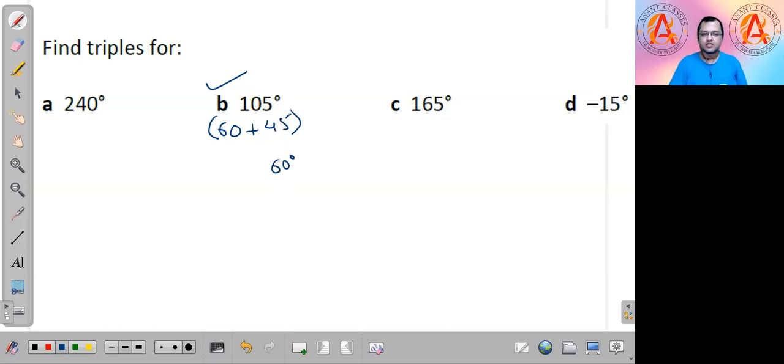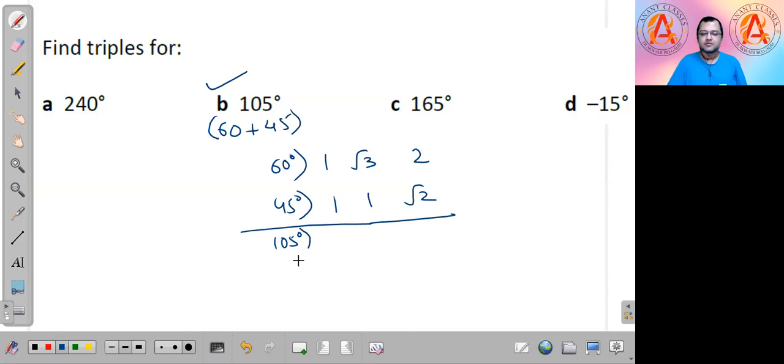So what is your 60 degree? 1, root 3, 2. And what is 45 degree? 1, 1, root 2. So now please add this.